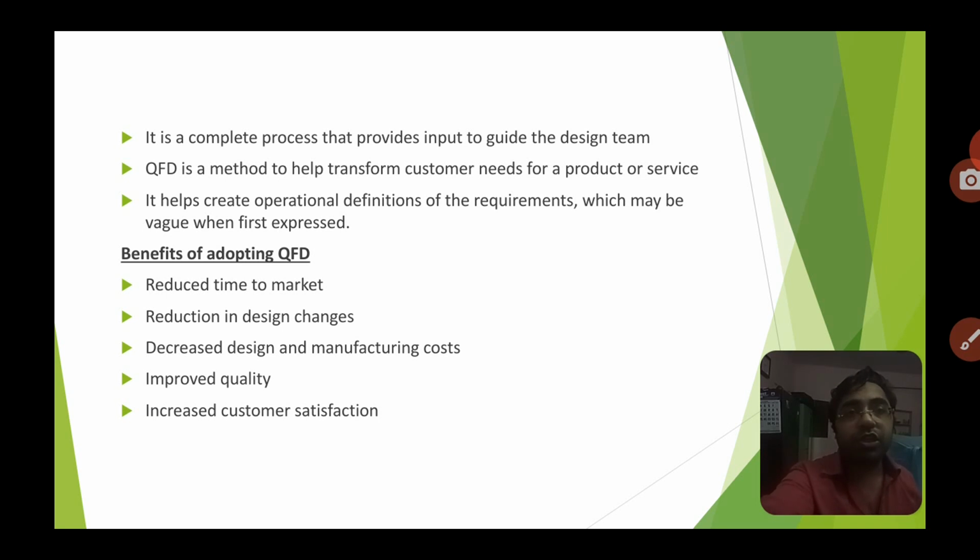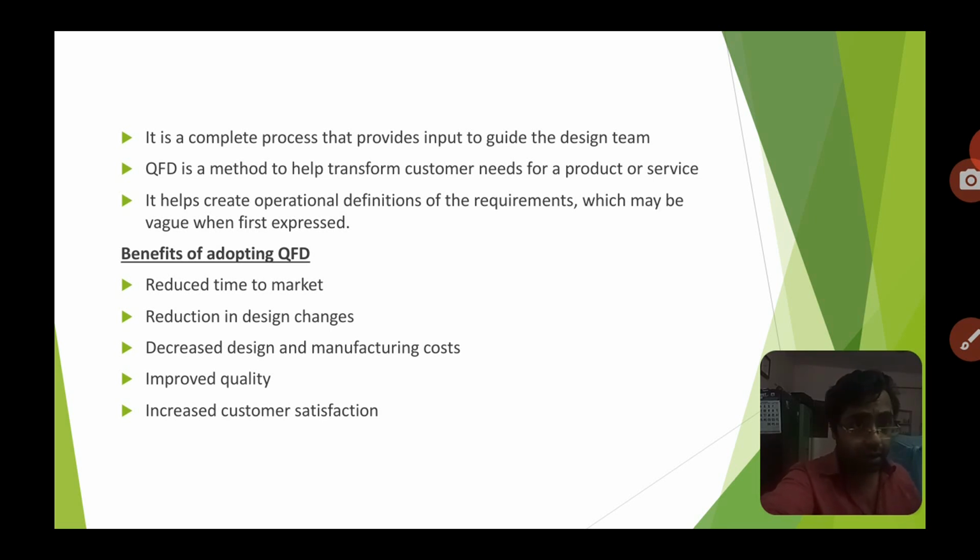QFD is a method which helps to transform customer needs into a product or service. That means whatever the customer requires, the design team can give exactly what is needed by using the QFD tool. It also helps to create the operational definition of the requirement, which may be vague when first expressed.